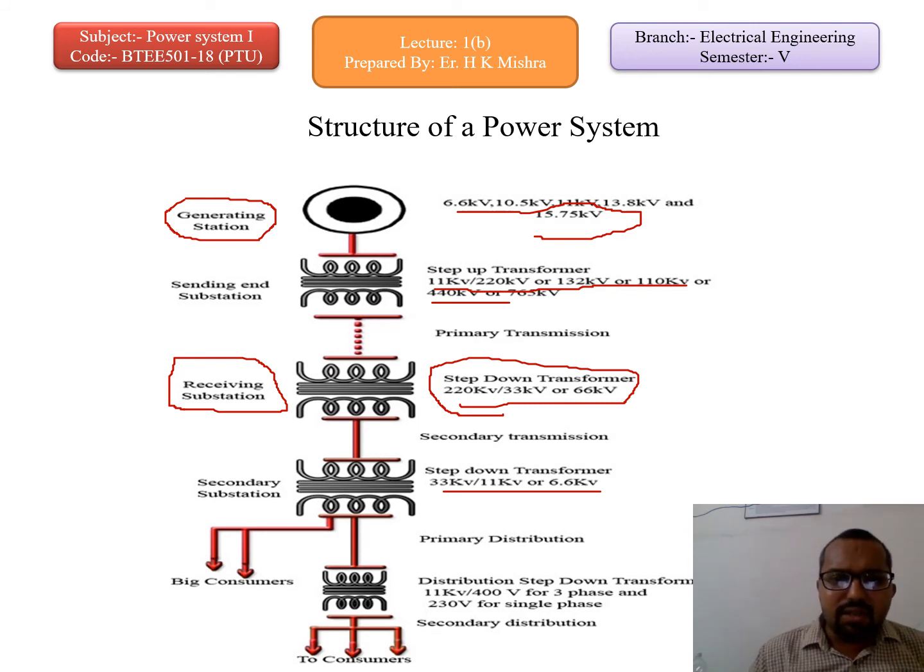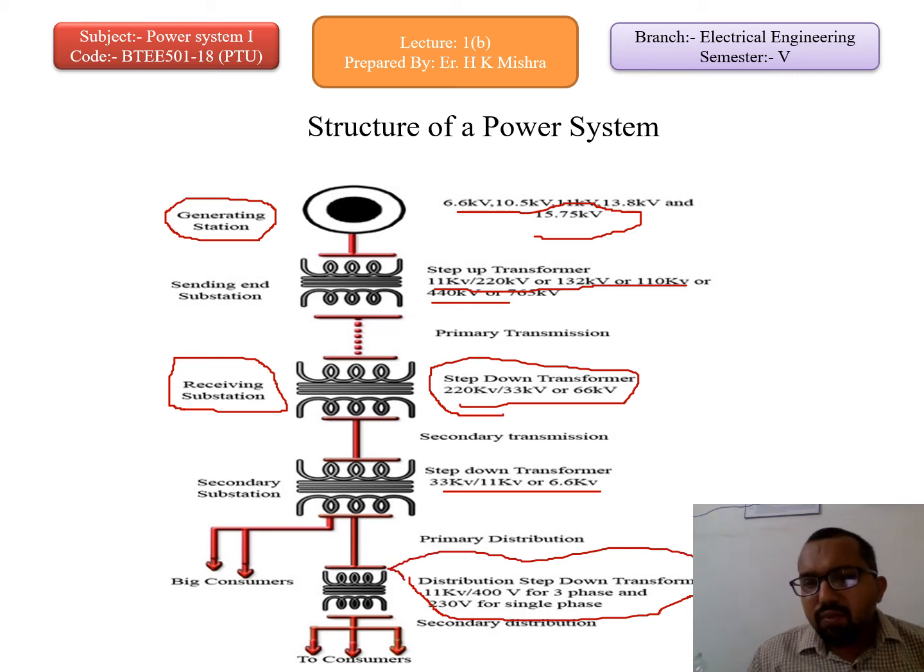And the 33 kV goes directly to big consumers like small industries, and for primary distribution we have a range of 11 kV. Here you can see the secondary distribution network, where the input voltage is 11 kV and it is stepped down using a step-down transformer to nearly 400 volt line to line, and phase voltage is 230 volt for a single-phase connection.